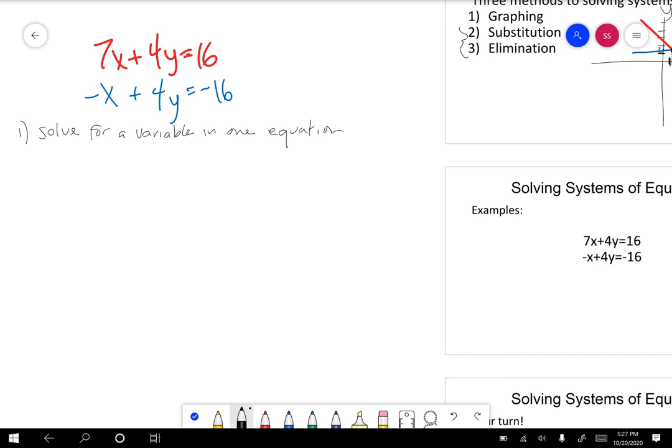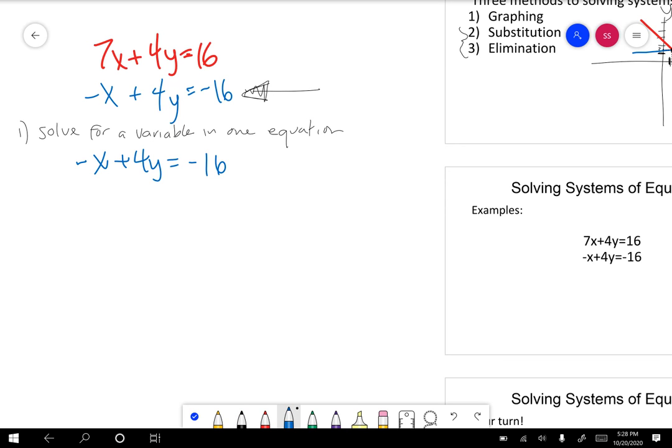So you can choose either equation, but I'm going to choose this one right here. Okay, so I'm going to rewrite it below. And you can choose either variable to solve for. It doesn't really matter. In this case, I'm going to choose to solve for y.